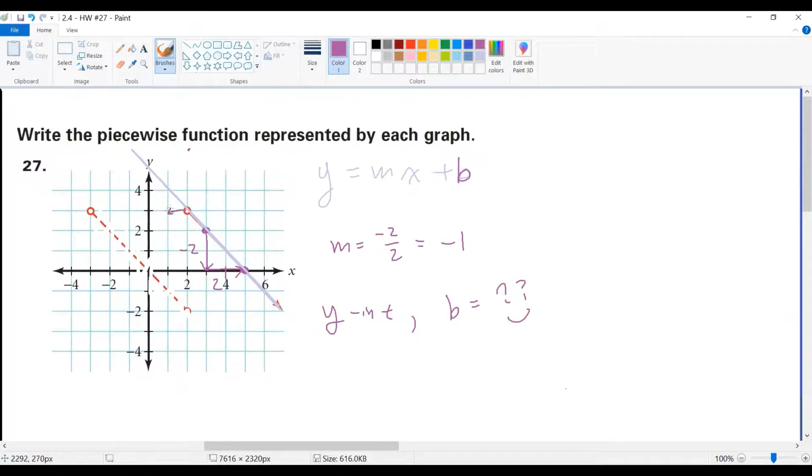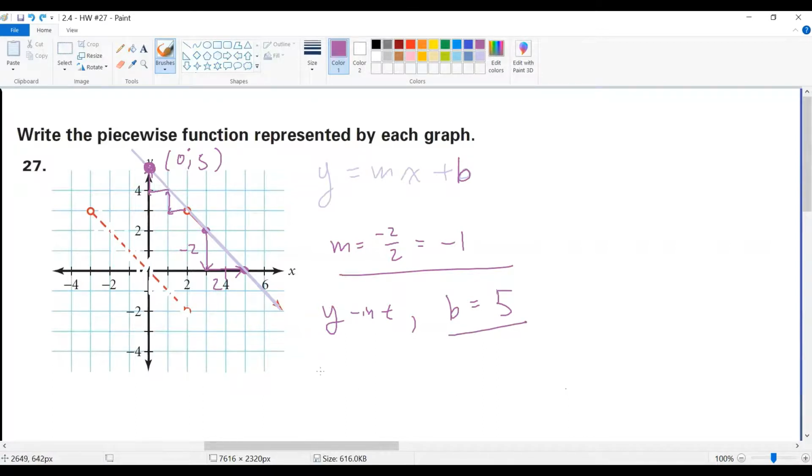We can go back 1 unit, up 1 unit, back 1 unit, up 1 unit, and we see that we're going to have a y-intercept at 0, 5. Now our b value is 5. This is great. We now have our slope and our y-intercept.